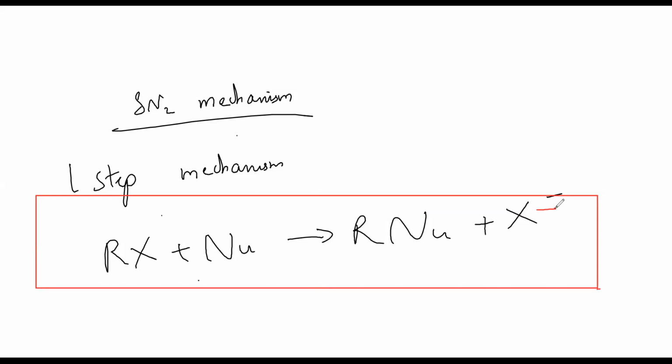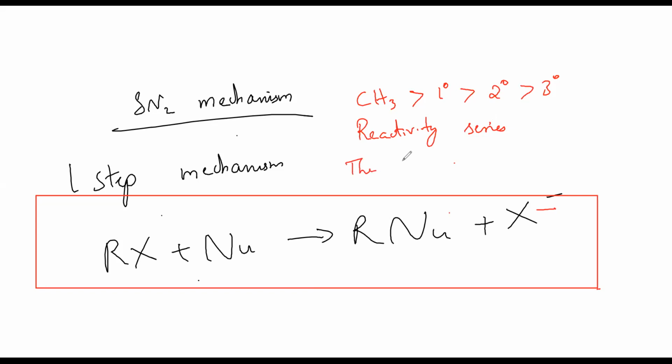And here the reactivity series will be what? Just the opposite of that. CH3 is greater than primary, greater than secondary, greater than tertiary. This is the reactivity series. And the rate is second order.